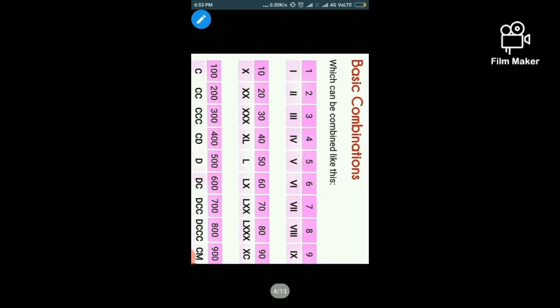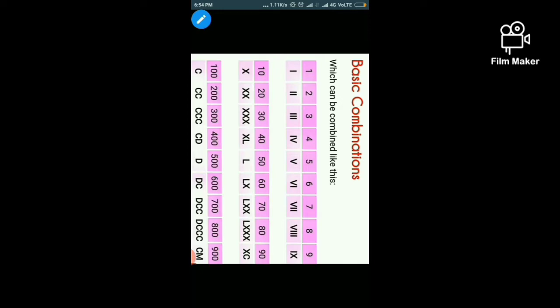Next we'll see the combinations of Roman numerals, how the symbols are combined with each other to form a new Roman numeral. Here you can see 2 is two I's combined, 3 is three I's combined, 4 is IV, 6 is VI.